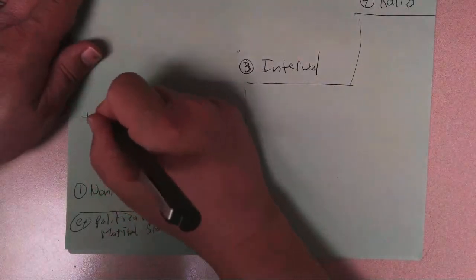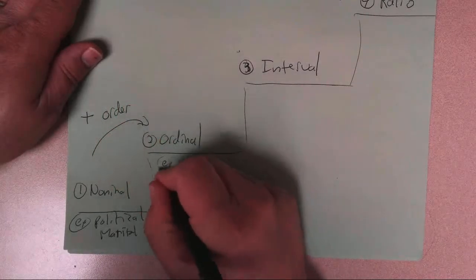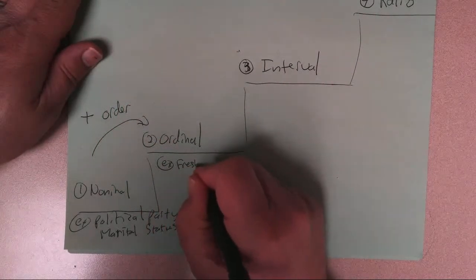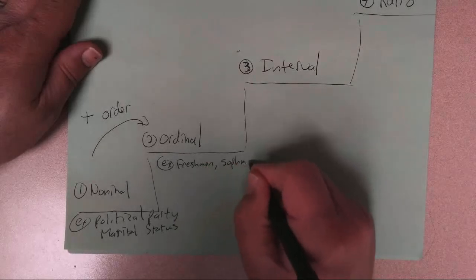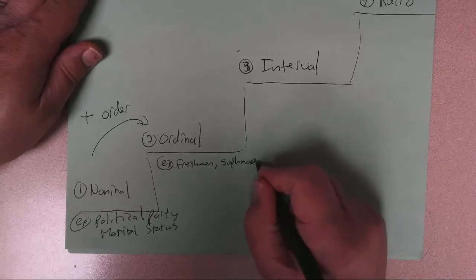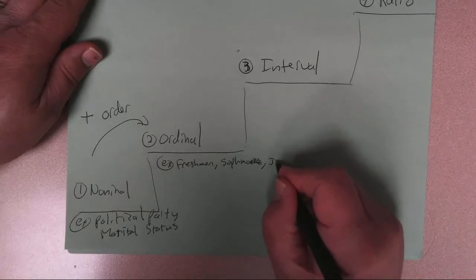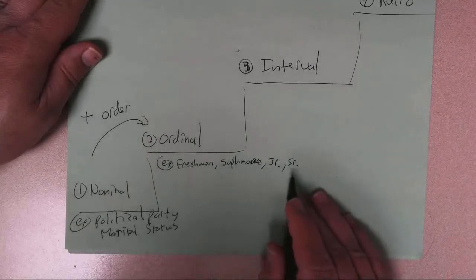So you could say adds order. Some examples here might be freshman, sophomore, junior, senior. Okay, these are natural categories.